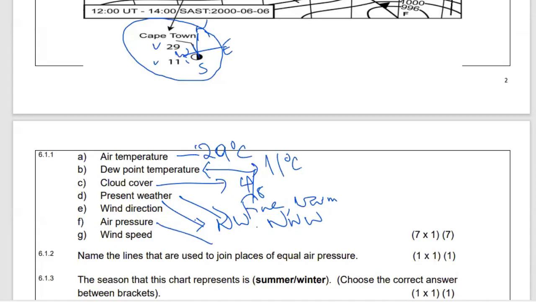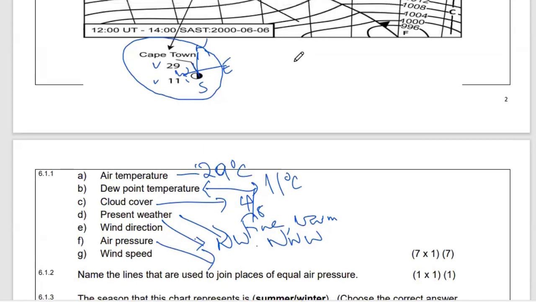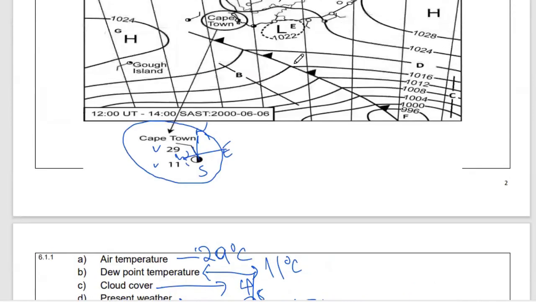Then the air pressure. When we want to figure out the air pressure for that particular place, we use our isobars. If we come here, we want to check the air pressure around this isobar here. We are seeing that the next isobar to this one is our 1024, and this D is not indicated.